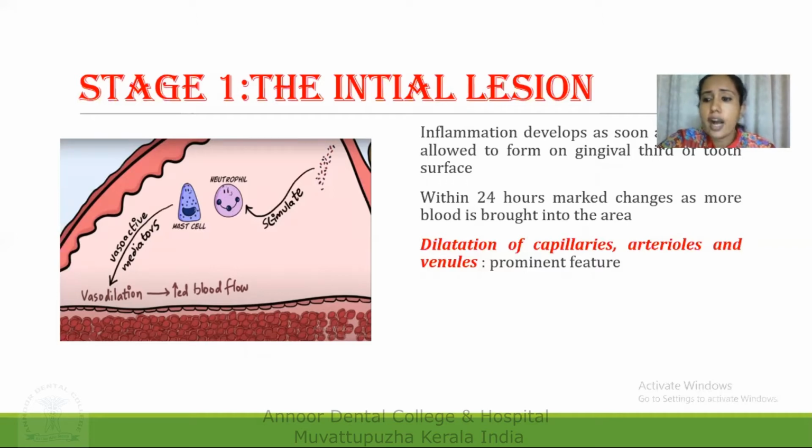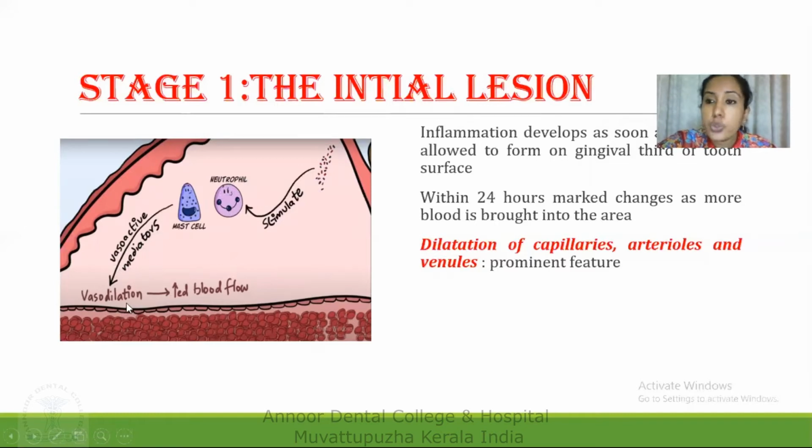The bacteria and the toxins penetrate through the intercellular gaps of the junctional epithelium and enter the connective tissue. See this picture. These are the bacteria and their toxins entering the connective tissue through the intercellular spaces of the junctional epithelium, and they stimulate the neutrophils and the mast cells, and there is a release of vasoactive mediators.